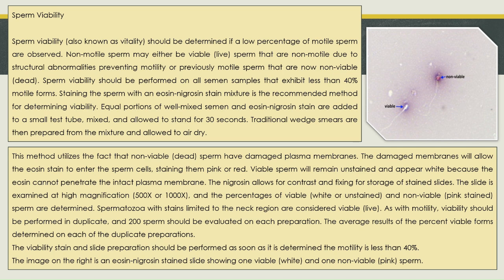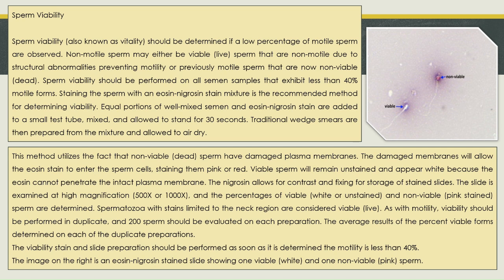The slide is examined at high magnification, 500x or 1000x, and the percentages of viable, white or unstained, and non-viable, pink-stained, sperm are determined. Spermatozoa with stains limited to the neck region are considered viable, live. As with motility, viability should be performed in duplicate, and 200 sperm should be evaluated on each preparation.